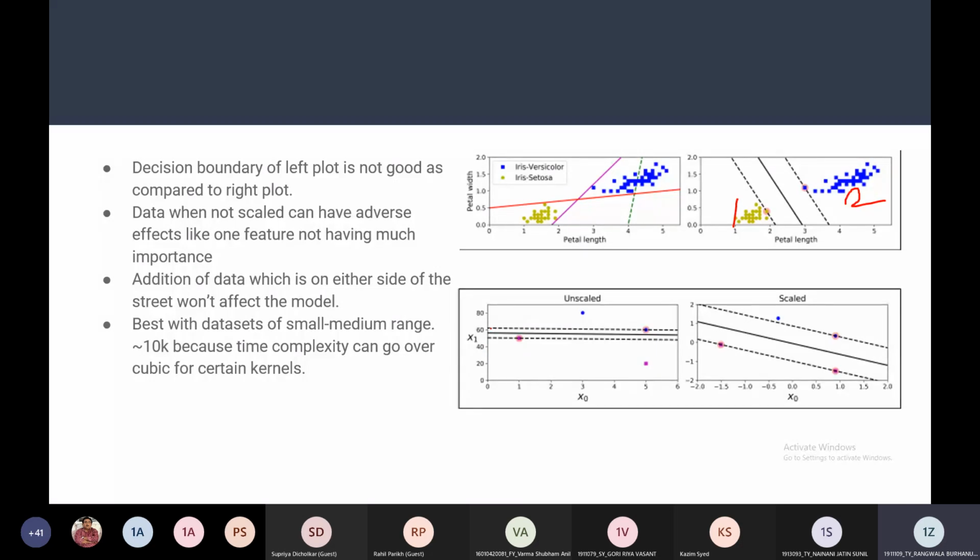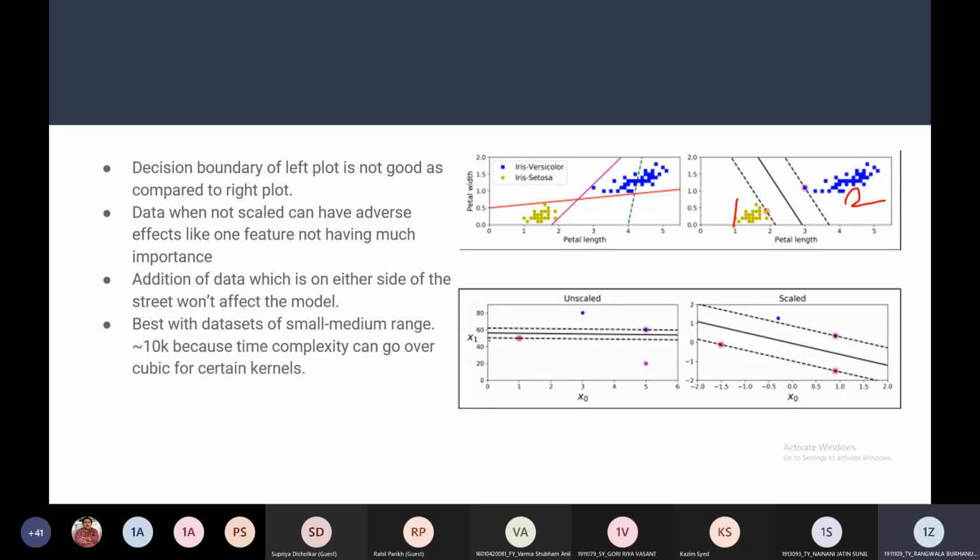In this case, since SVMs use the distance between the classes to form the street, if the magnitude of one feature is much different than the magnitude of the other one, it will completely skew the street. So in this case, the street is almost horizontal.